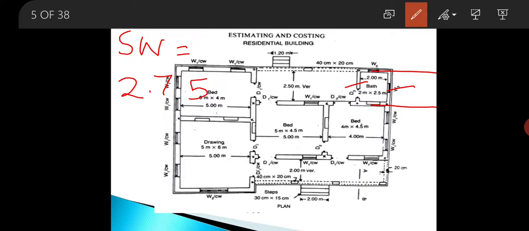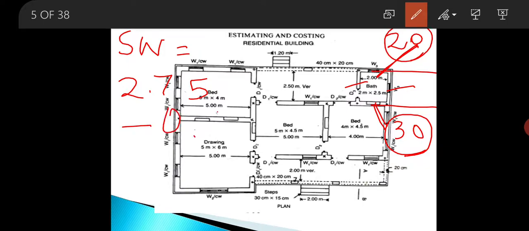So in order to get the net length, we will subtract half of the width for this side and half of the width for this side, as these two walls have already been done. So on this side you can mark there is a 30 centimeter wall and on this side there is a 20 centimeter wall. So from 2.75 we will subtract, for 30 centimeter wall subtract 0.9 by 2 and for 20 centimeter wall subtract 0.6 by 2. So this is the final length.